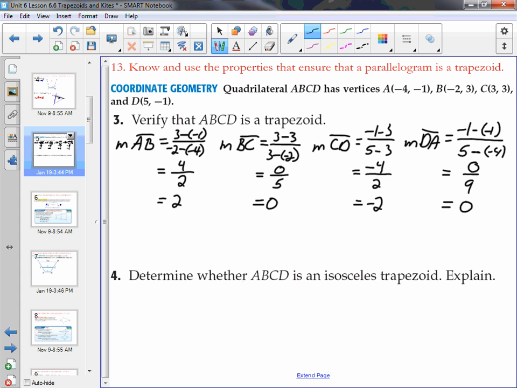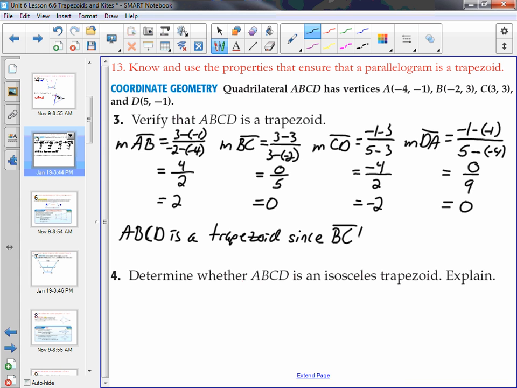All right, so ABCD is a trapezoid since which two sides are parallel?